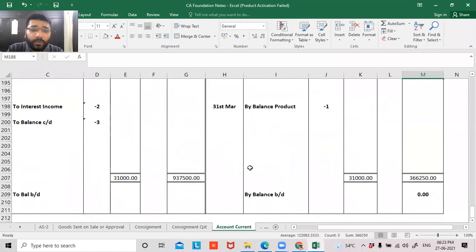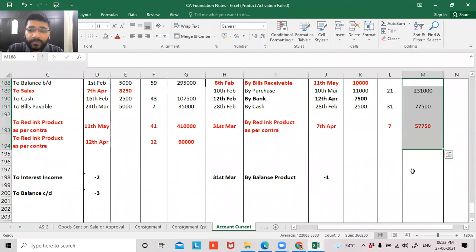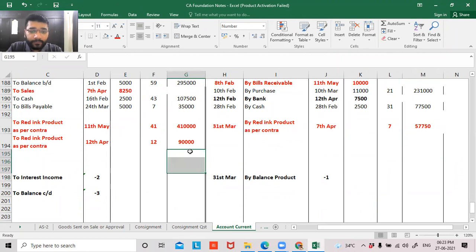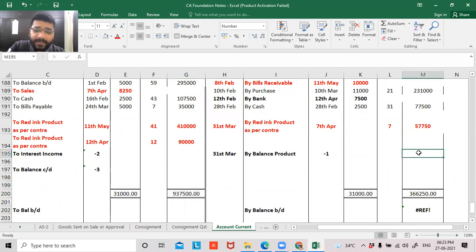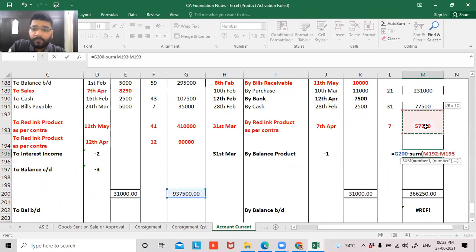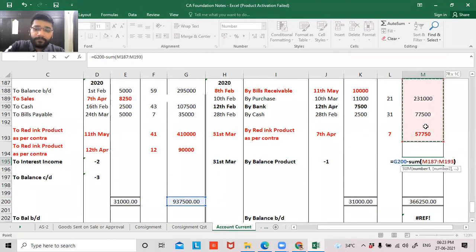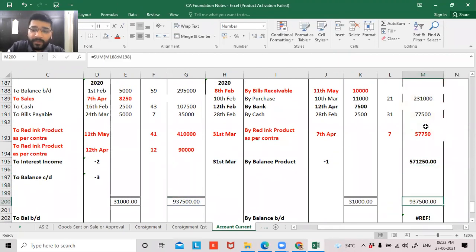So can I say the debit side total is more? Yes or no? Yes, sir. What is the balance? Can you please calculate and tell me? 5,71,250. Yes, all of you.